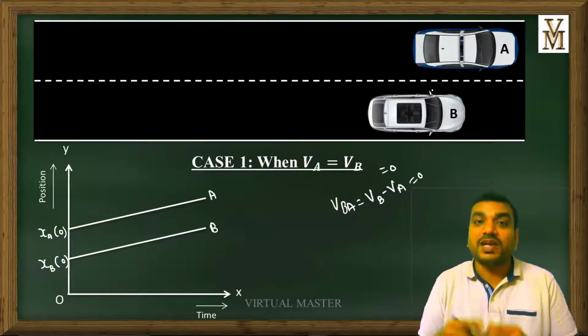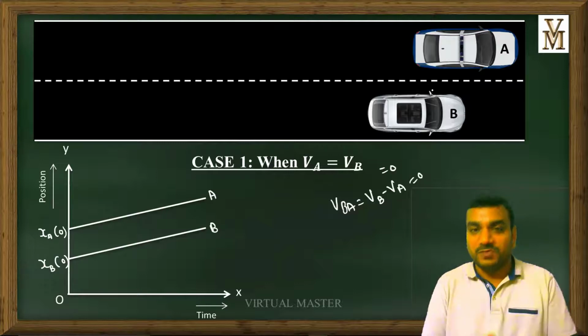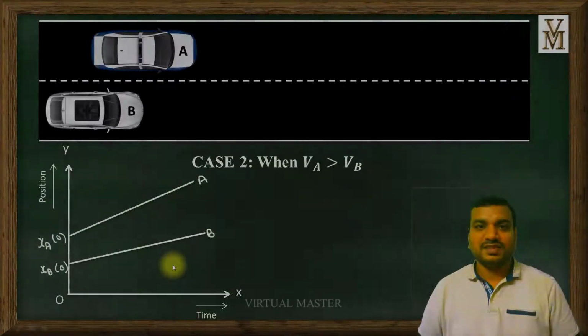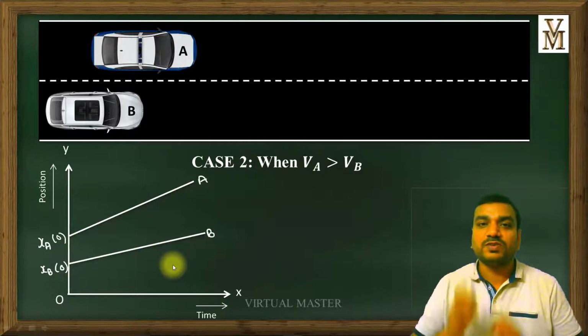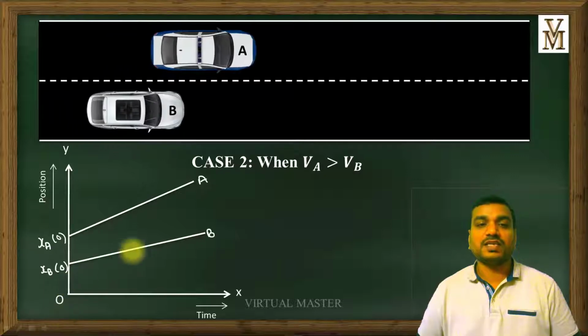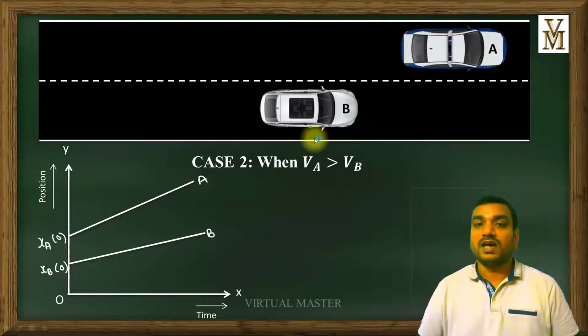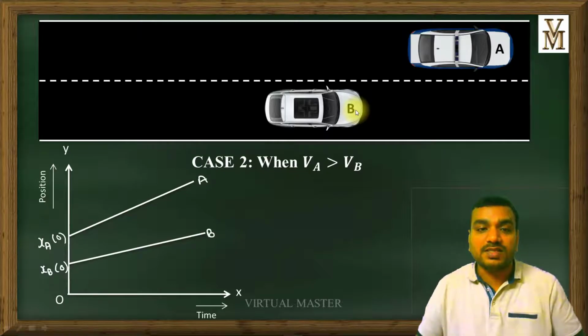I hope everyone has understood how to plot the position time graph of two objects moving with the same velocity. Now let us discuss the position time graph when the velocity of car A is more than the velocity of car B. As you can see here, the velocity of car A is more than the velocity of car B. That is, car A is moving with a higher speed than car B. So the distance between car A and car B goes on increasing. Why?